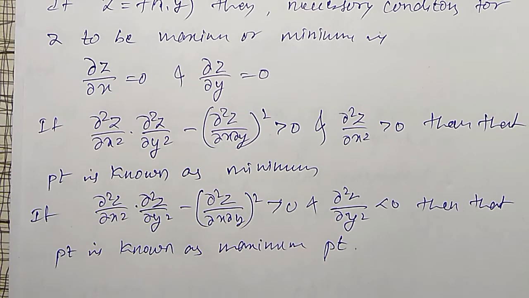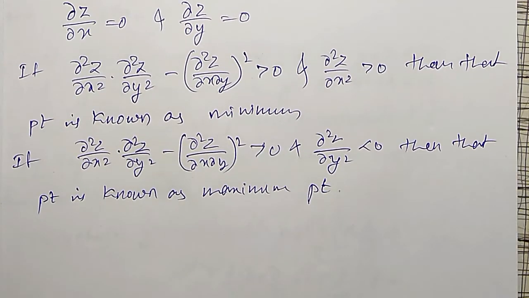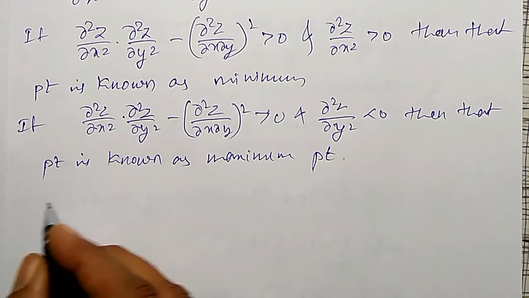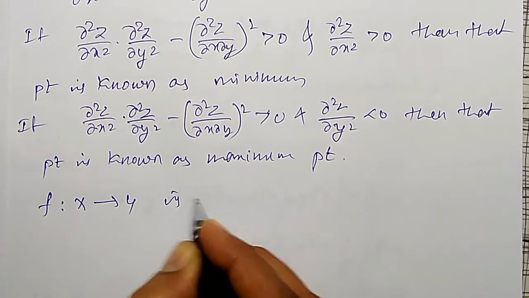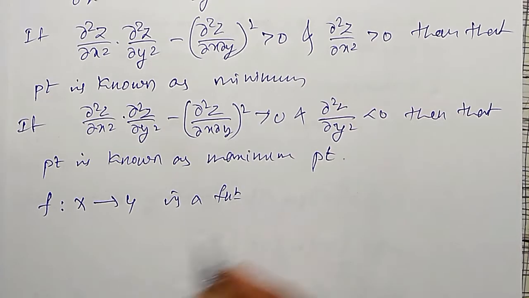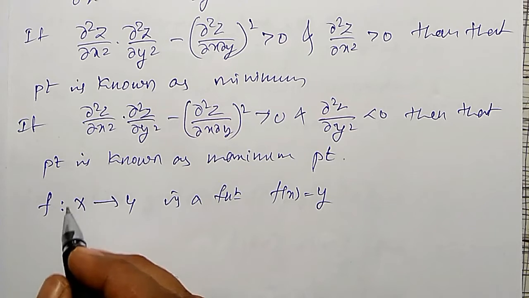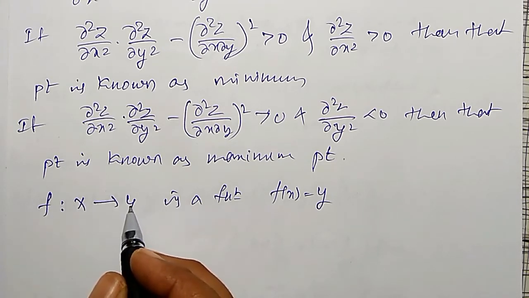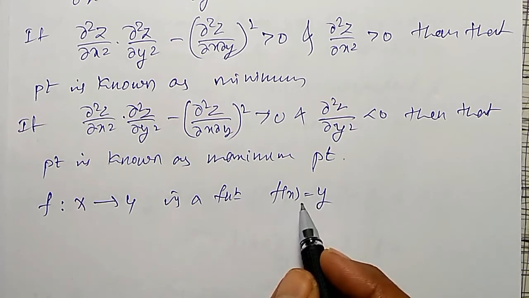But now in this calculus of variations, what we are doing is defining the functional. Before that, what is a function? A function f from x to y means f of x is equal to y. For each element of x, there will be one element y in that set, and that is known as a function.